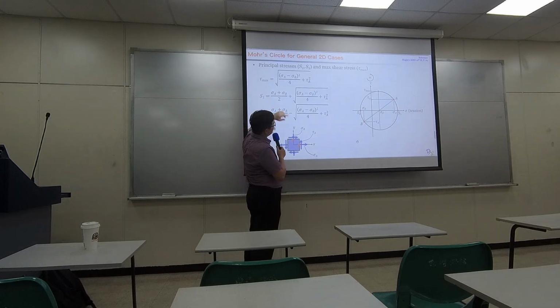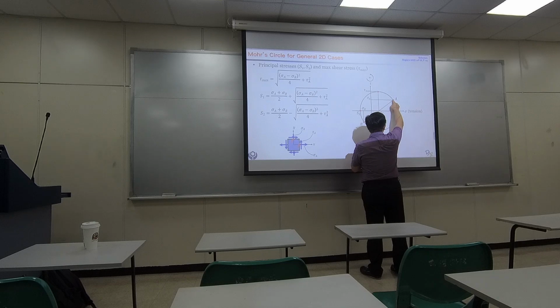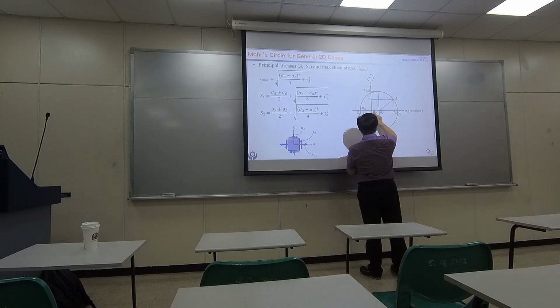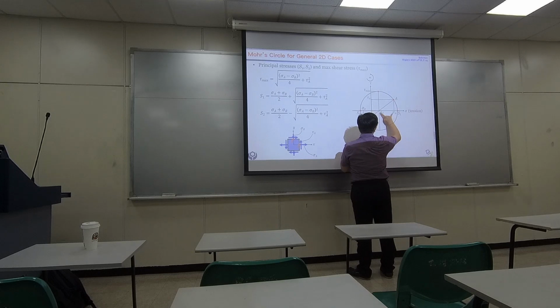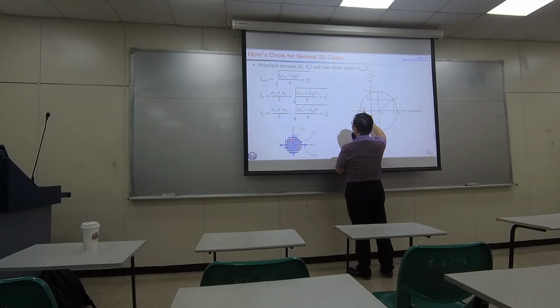You compute the radius, so you need the square of this distance and the square of this guy. How do you get this guy? This is basically a half from the projection of B and projection of A. So this distance basically is sigma A minus sigma B, right?